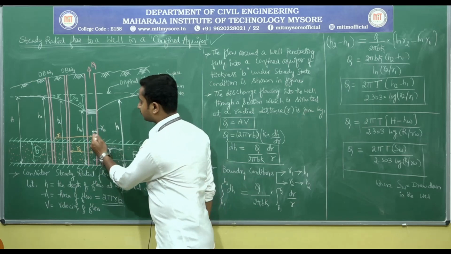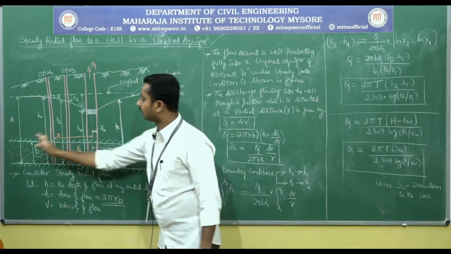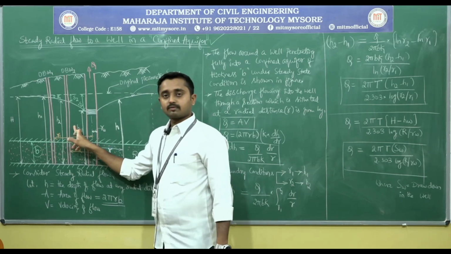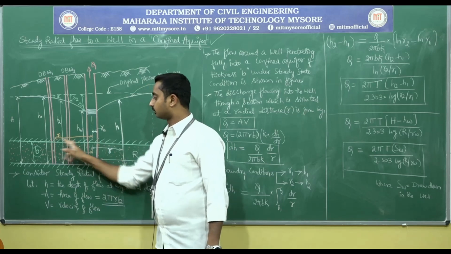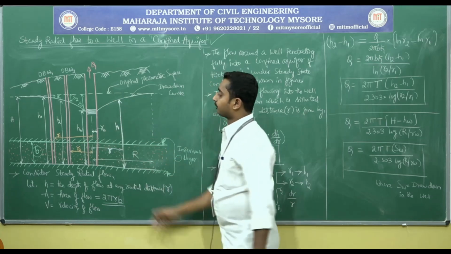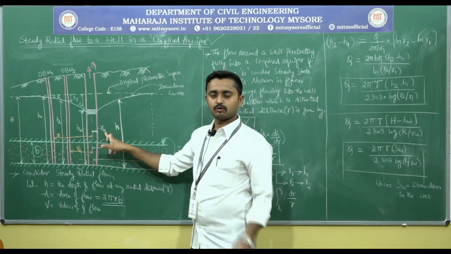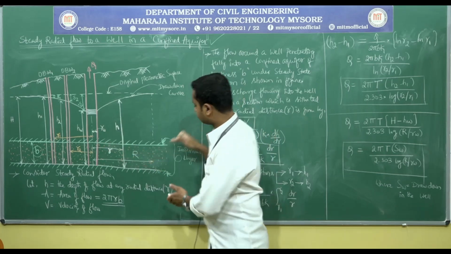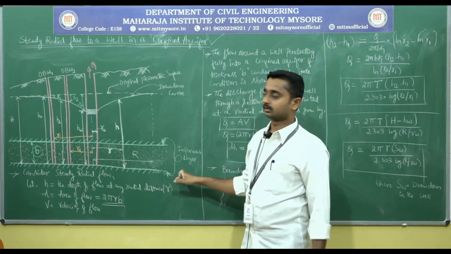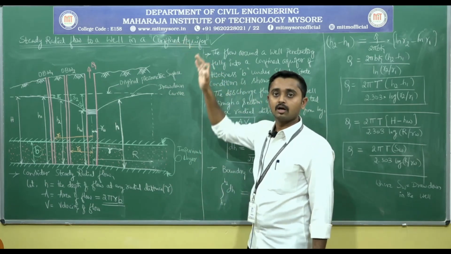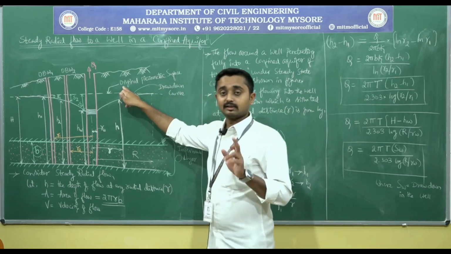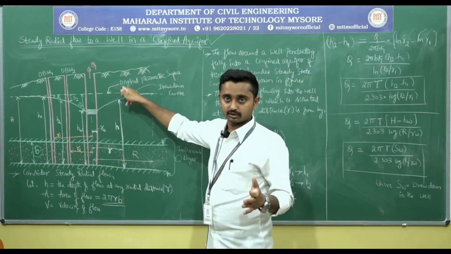The radial distance from the center of the pumping well to observation well 1 is R1, and to observation well 2 is R2. The head of water in the pumping well is HW, and the radius of the pumping well is RW. It is very similar to the previous one, except that here the water is confined between two impervious layers, for a confined aquifer.